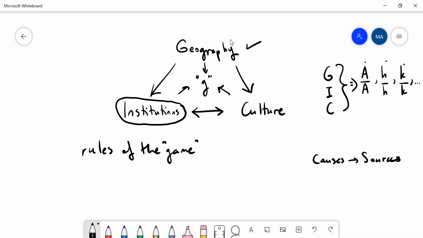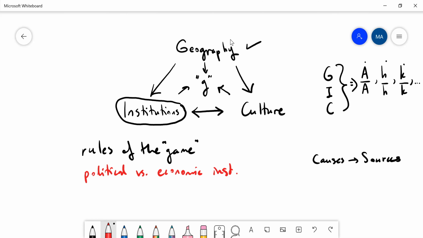One useful way of categorizing institutions is to think of political institutions versus economic institutions. Okay. When we think of political institutions, what we have in mind is things like, I don't know, the constitution, the laws, right, and the regulations.